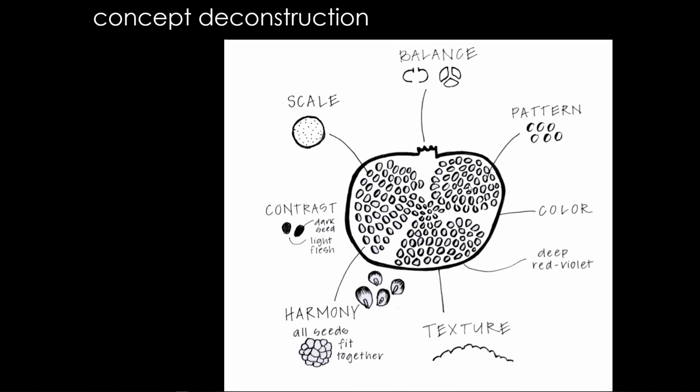So, for example, if your concept is a pomegranate, you can pull apart different elements of that basic concept idea and see what if any sort of ideas can be pulled off of it. And these are all sort of basic foundations of design types of concepts: balance, pattern, color, texture. These are all things which can be used when you are creating your architectural project.